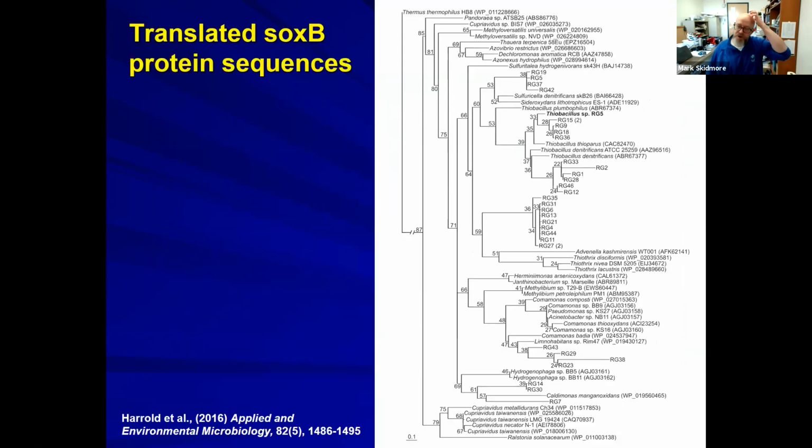So going back into the environment, one can, again using molecular techniques, sequence SoxB, a protein in the enzyme complex that allows thiosulfate to be oxidized. And for Thiobacillus, here's the sequence out of the isolate.